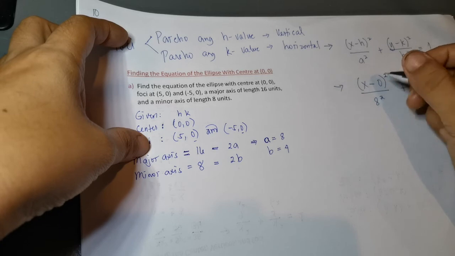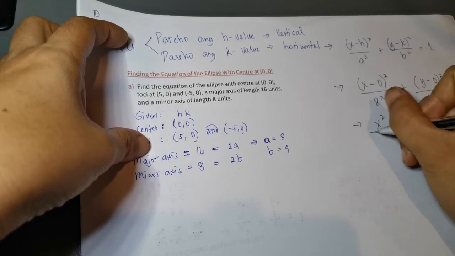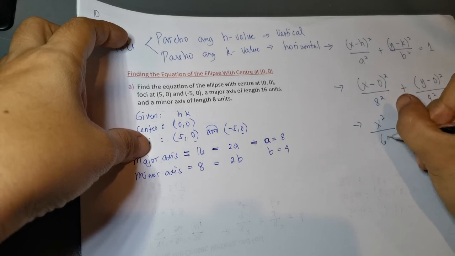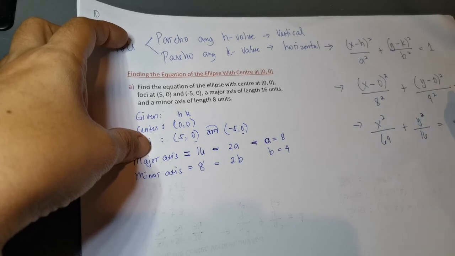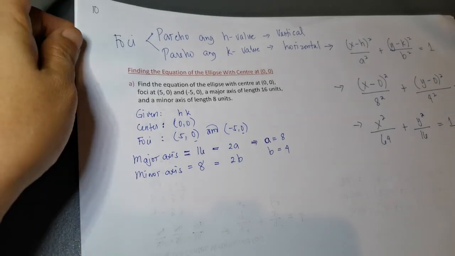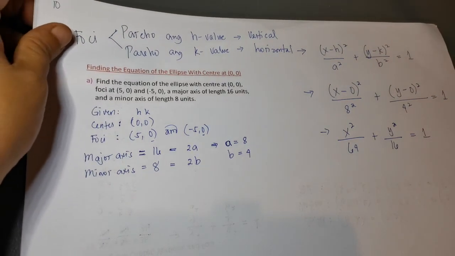So, we have x minus 0 squared ay x squared over 64 plus y squared over 16 equals 1. As simple and as easy as that.